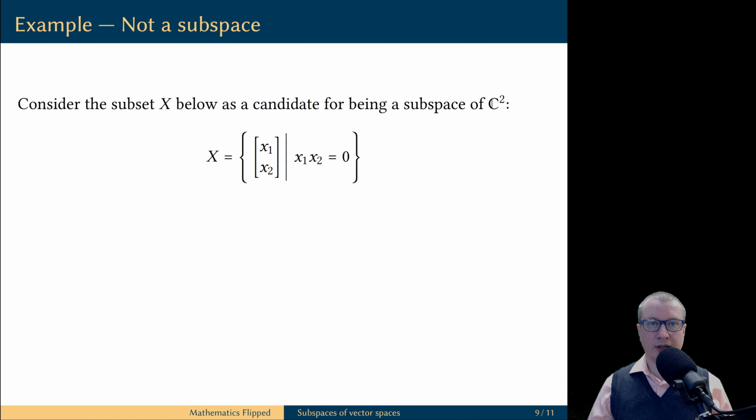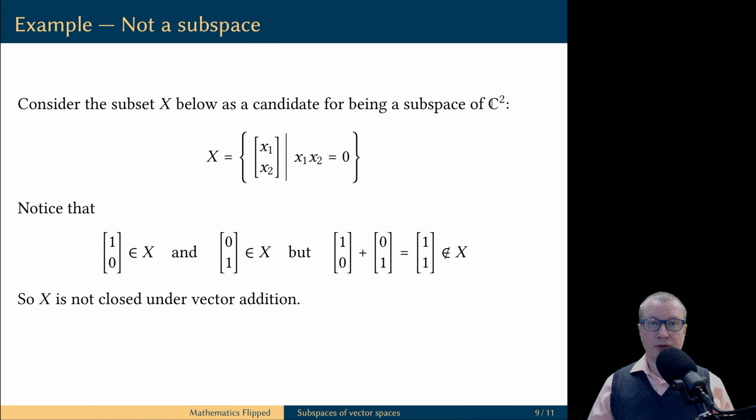For the ambient vector space, I'm going to take C2, vector space of column vectors of size 2, and a subset consists of those vectors which have the property that their components multiply to 0. It is easy to see that this set is not closed under vector addition. Here is a counterexample. Because one of the conditions in the test for subspace fails, we conclude that this subset X is not a subspace of C2.